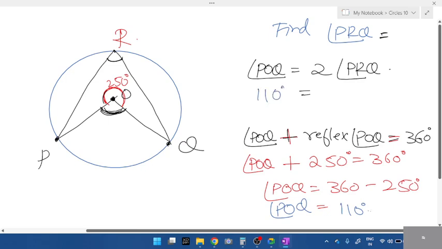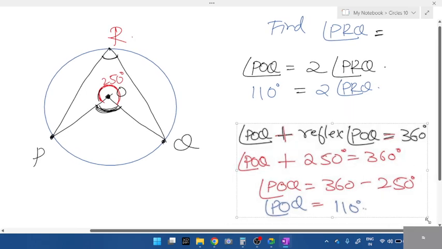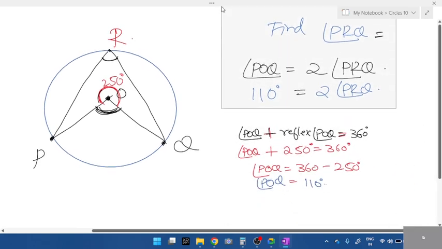Substitute this 110: 110 is equal to 2 into PRQ. If you want to find PRQ, divide it by 2. Bring this 2 down and divide, you will get PRQ. This is how you solve the question.